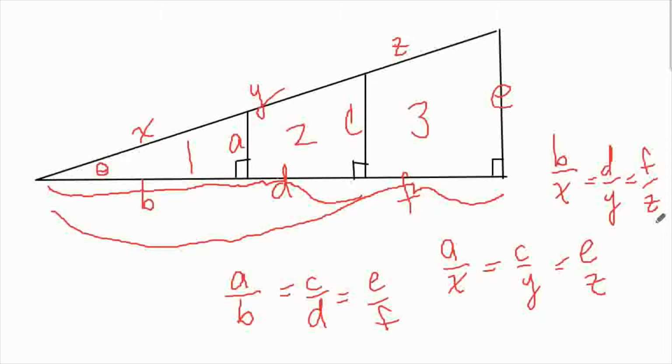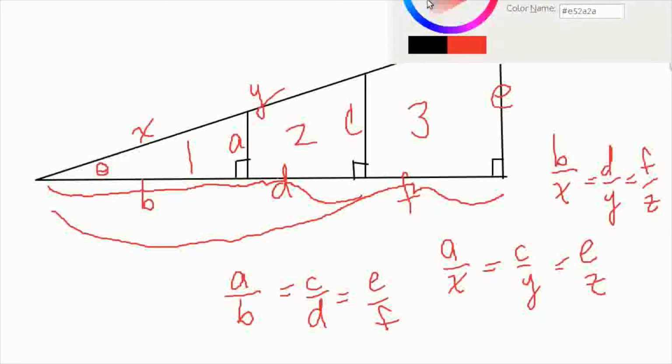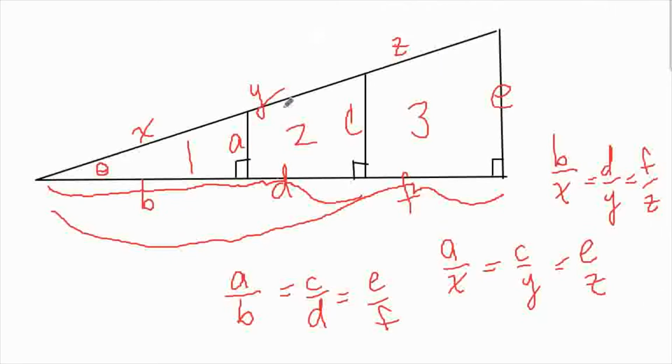Okay. Now, these ratios are given specific names. Traditionally, let me put a purple rectangle around it. So these are referred to as the cosine ratio of the angle. So I'll put a little theta like it's a function, which it is.